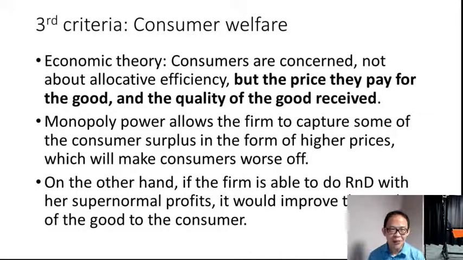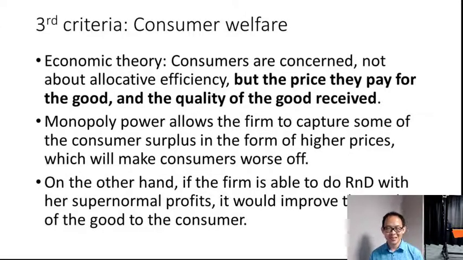The final criteria: consumer welfare, economic theory. Now, it's important to be clear that consumers are not concerned about allocative efficiency per se, but they are concerned more about the price they pay for the good as well as the quality of good received. Monopoly power allows the firm to capture some of the consumer surplus in the form of higher prices, which will make consumers worse off.